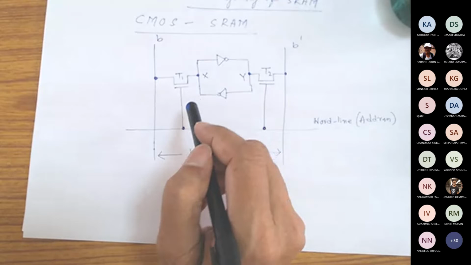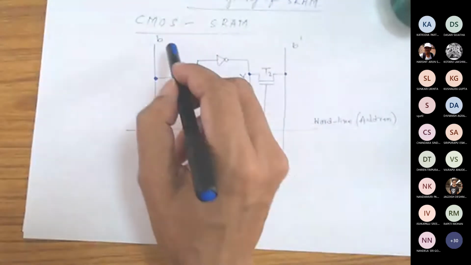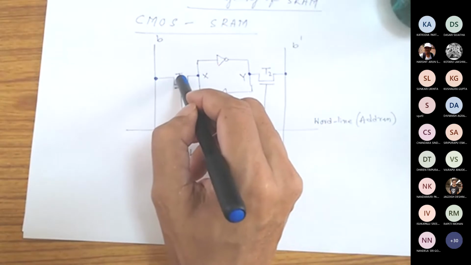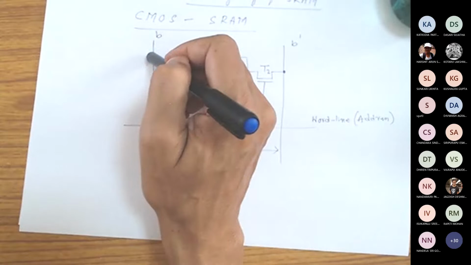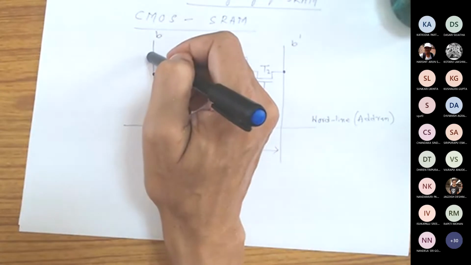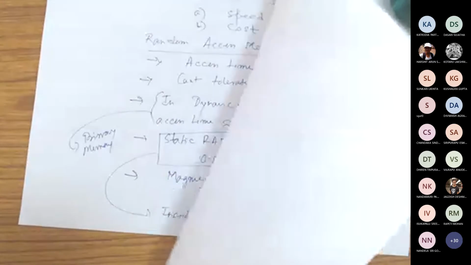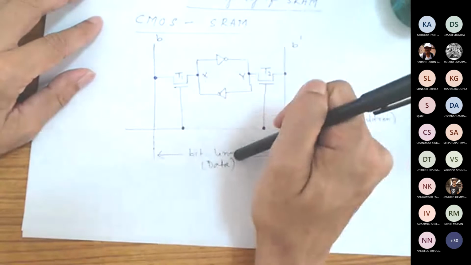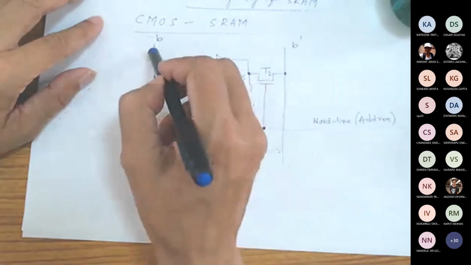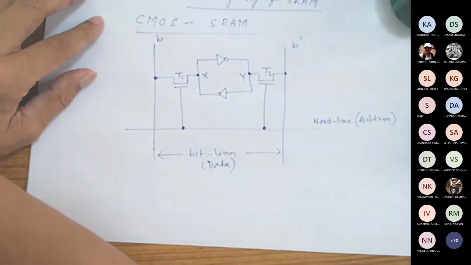If both these transistors are on, then either you can give the value here for writing operation, or you can sense the value here. When you do the sensing, the reading operation, you just sense the voltage here and here. You get the value B and B complement. So this type of circuit provides the value stored as well as its complement value. And this is 1 bit, this is for 1 bit representation.